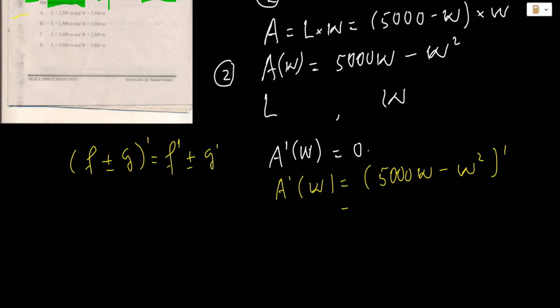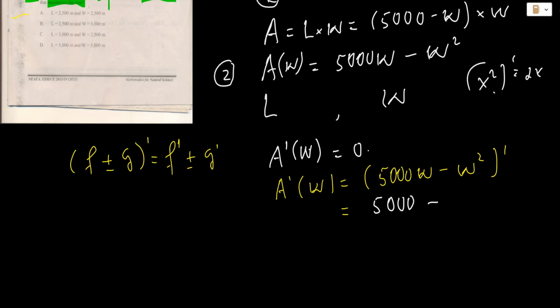So the derivative of 5,000W is just 5,000, because the derivative of W is 1 and 5,000 is a constant. The derivative of W squared is just like the derivative of x squared, which gives 2x.